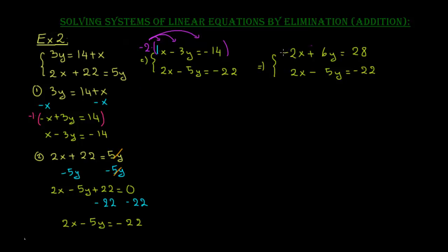Now we can see that the first equation has negative 2x and the second equation has positive 2x. They will cancel out when we add the two equations together. This is gone, which leaves me y equal to 28 minus 22, which gives me 6. So y equal to 6 is one of my solutions.